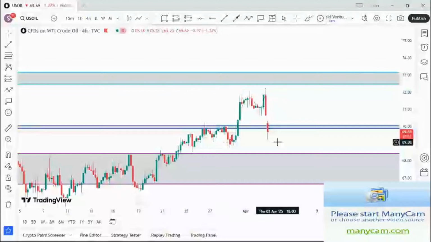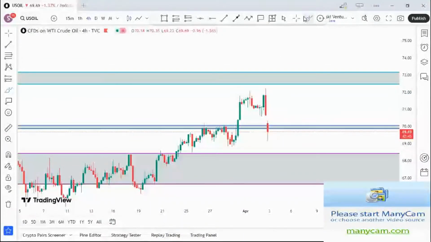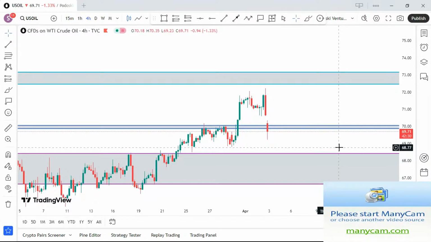So since price on US oil is at my zone, if I get a very nice candle confirmation, then I'll be looking for a buying opportunity. In the next 4 hours, at 6 a.m. in the morning, I'll come back and check on US oil and see if price will go to the upside or to the downside.